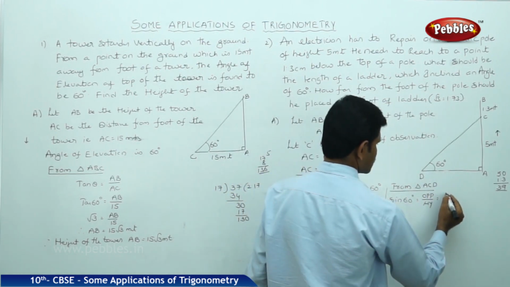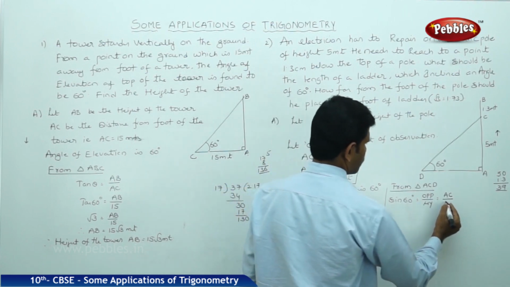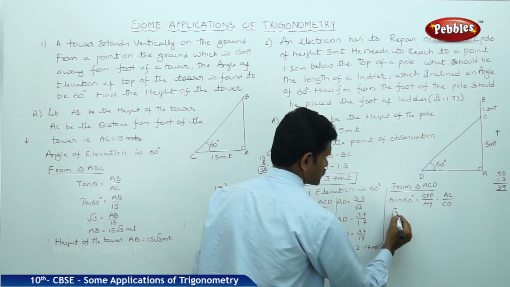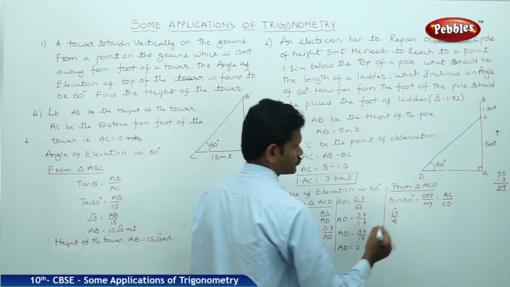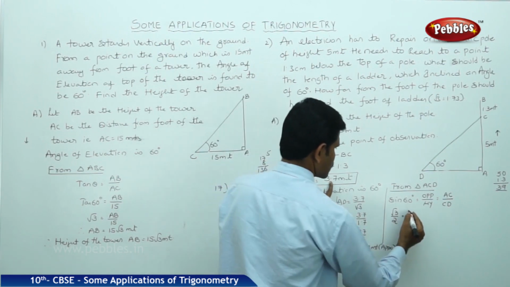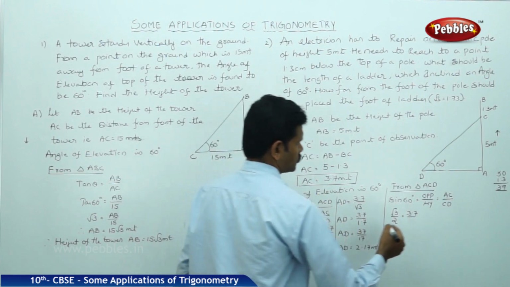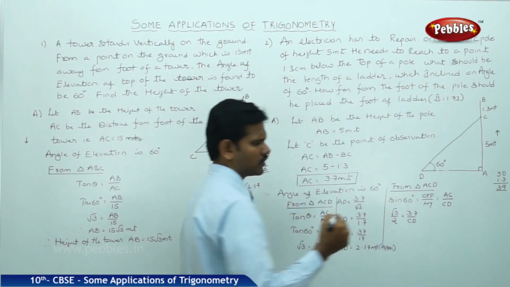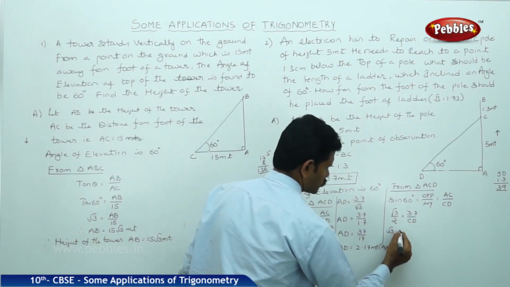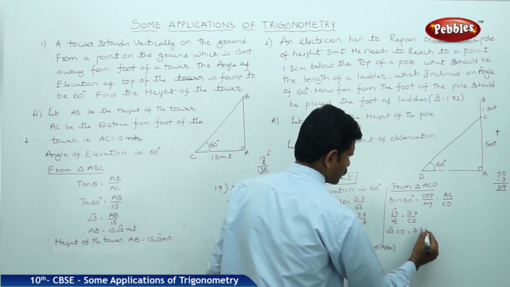Now opposite is AC, by hypotenuse is CD. Sine 60 degrees is root 3 by 2, equal to AC value 3.7 by hypotenuse CD, which we have to find. That is, root 3 into CD is equal to 3.7 into 2.